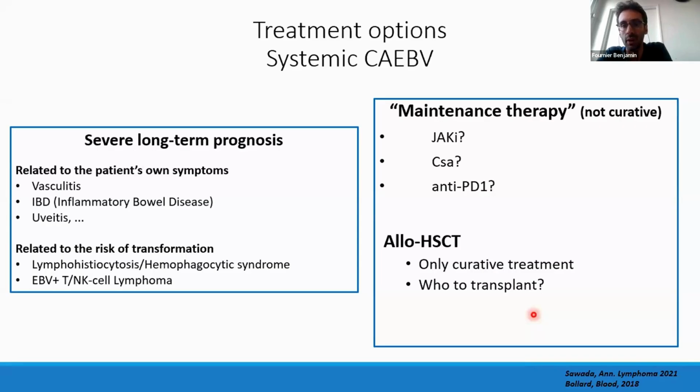You will never get rid of EBV using JAK inhibitor, cyclosporine A. Maybe anti-PD-1 could be tested more often. And the only curative treatment is allogeneic stem cell transplantation, but with a very high morbidity. And what is difficult is to propose a very difficult treatment to a patient that is very well.